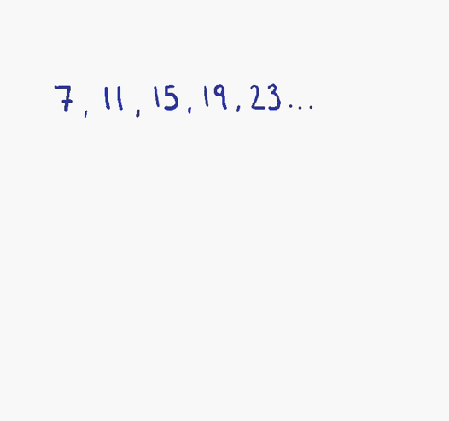If we can make a formula for finding any given term in the list, then we could use that formula to work out, for example, the 47th term or any term that we choose. But how do we go about making this formula?